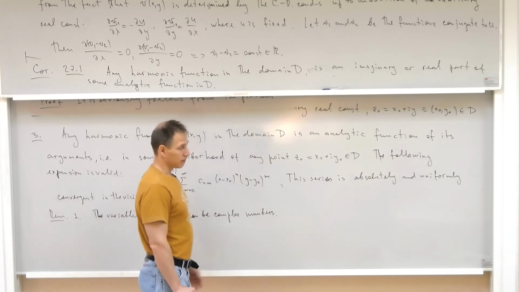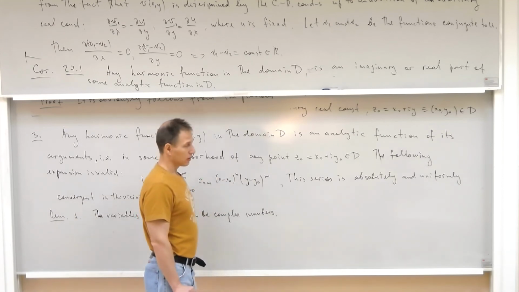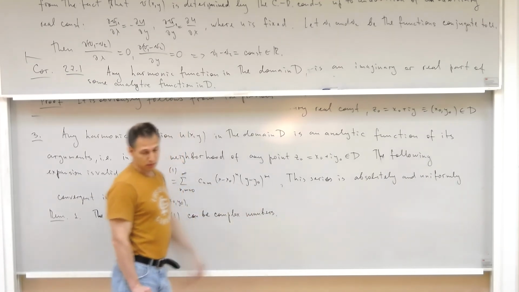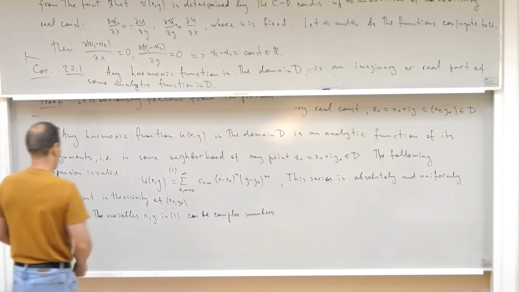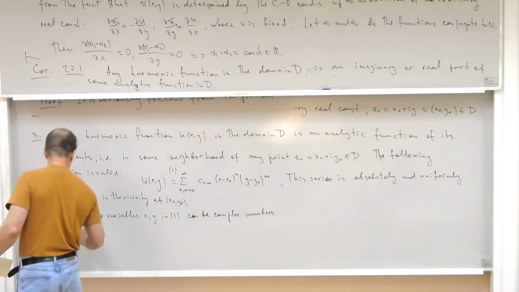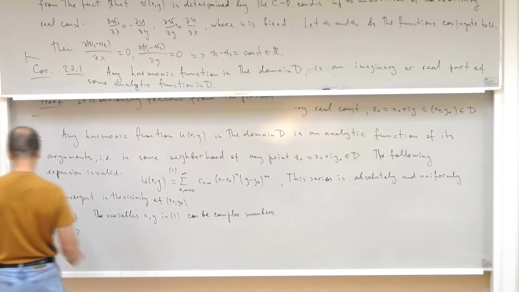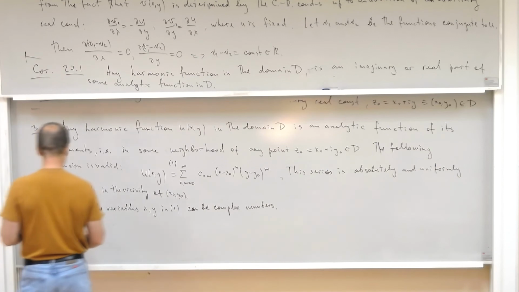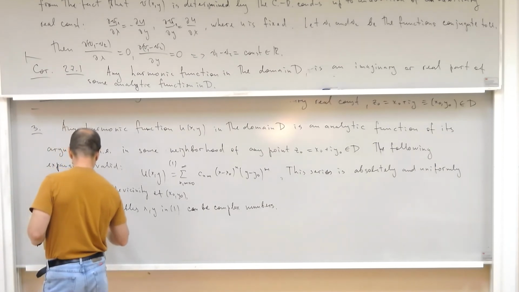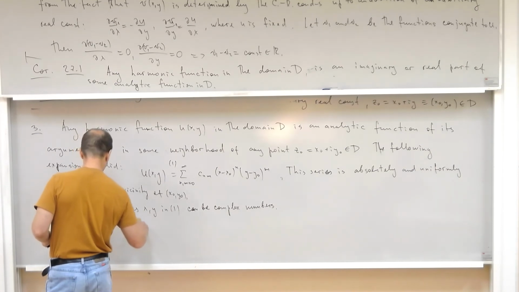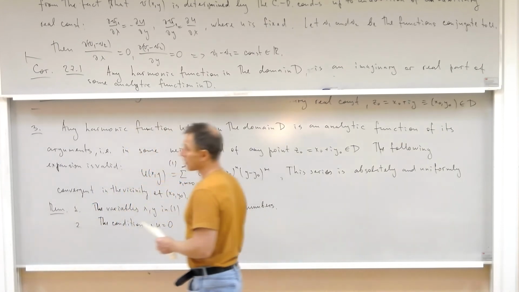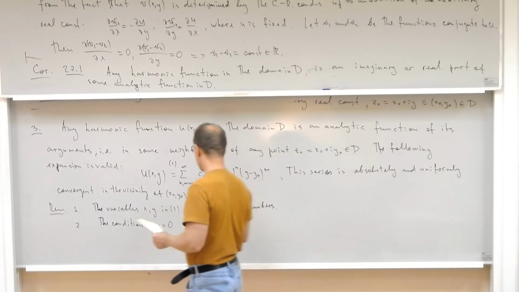And in fact, it follows from the following observation. If we prove this formula for real variables x and y, then this series is convergent in some domain, in some disk, in fact. And then, as follows from the Abel theorem, this series is convergent for complex x and y as well, when x and y are sufficiently close to x0 and y0.